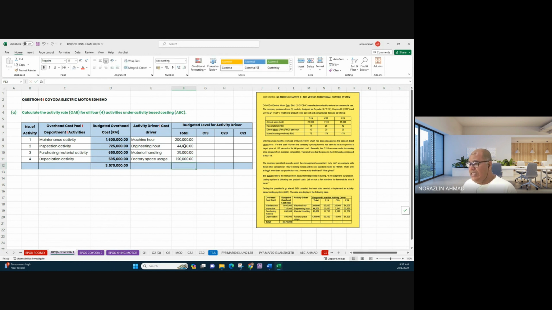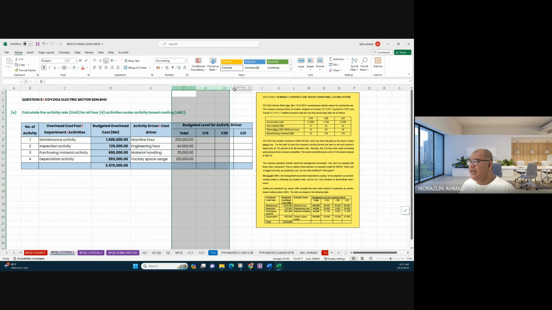This one is 120 factory space usage. Maybe this one is 120,000 square meters, for example. Sometimes normally they use meters, not inches. Factory space usage, yeah, 120.